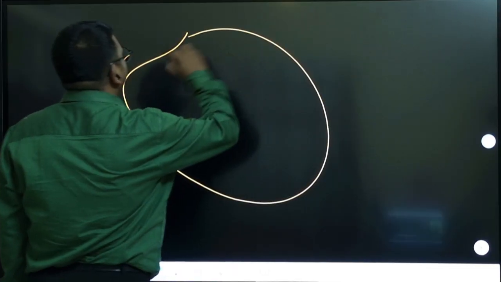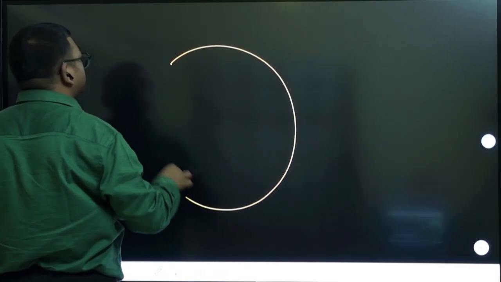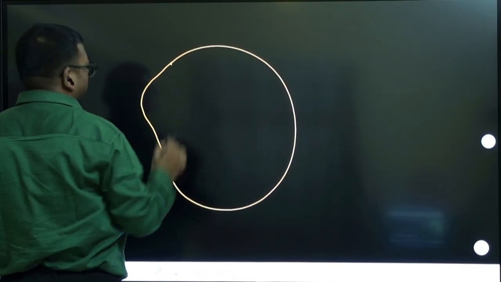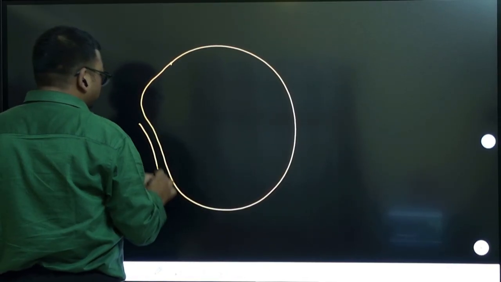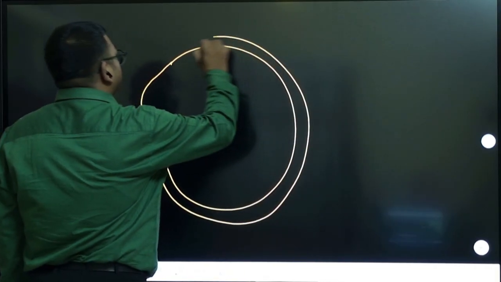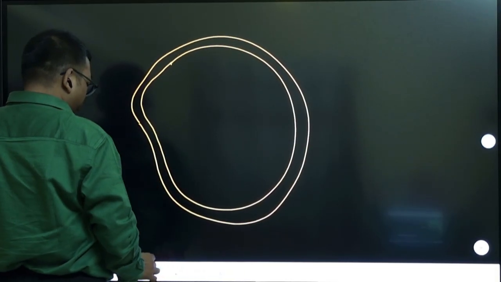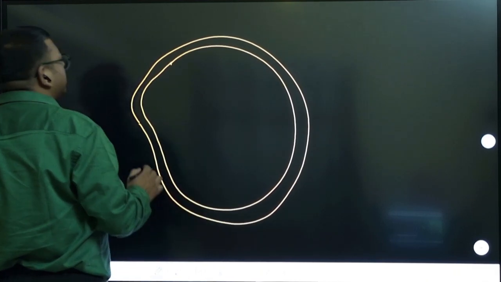So what is the human eye, how does the human eye function, and all that is a topic of biology, but here we can think about a little basic idea. So the human eye is almost spherical, like this. Maybe in bio you will be studying that, right?